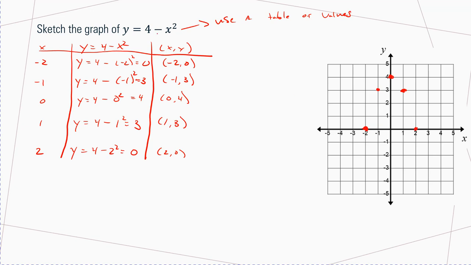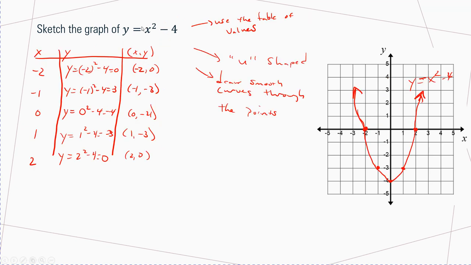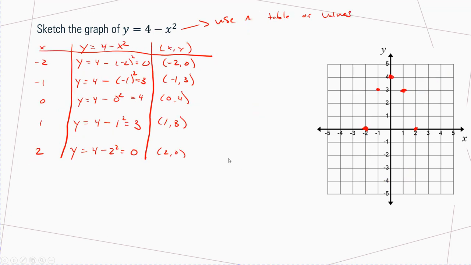Yes. Notice the negative here is in front of the squared term. So here the leading coefficient in front of the square term was a positive value. It's 1. So it's going to be a U that opens up. And here with the negative in front of the square term, you can see the pattern is a U that opens down. Okay.